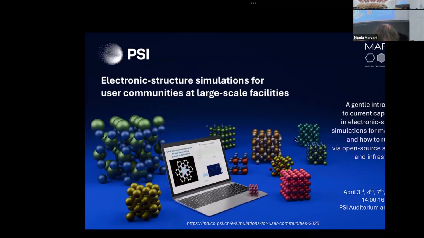Sorry, let me enable the captions. The goal here is to showcase the capabilities of electronic structure simulations, in particular having in mind the needs of the user communities at large-scale facilities.